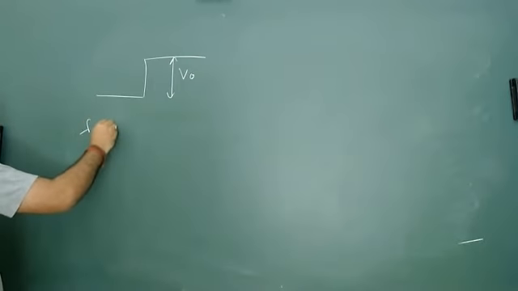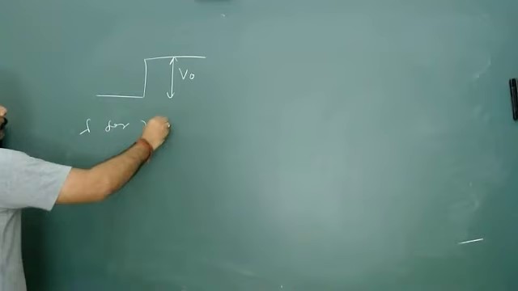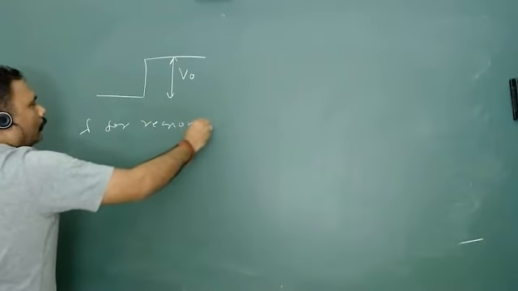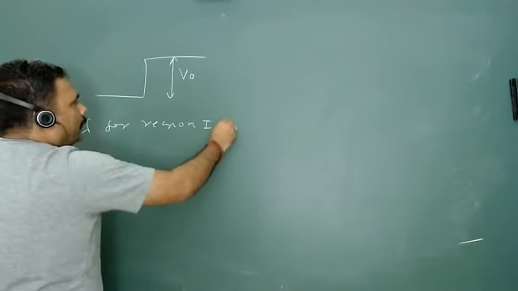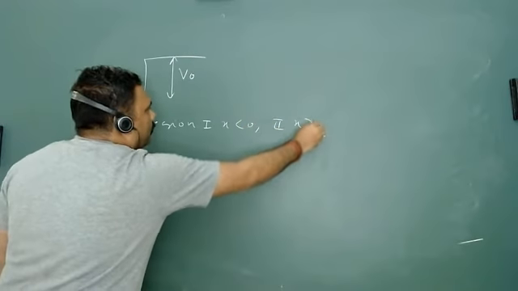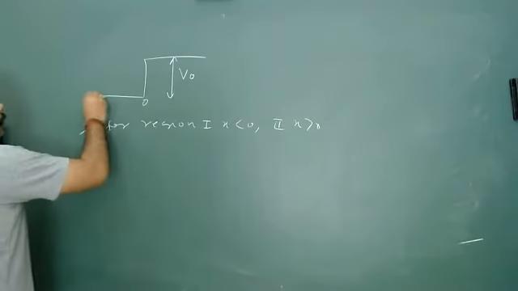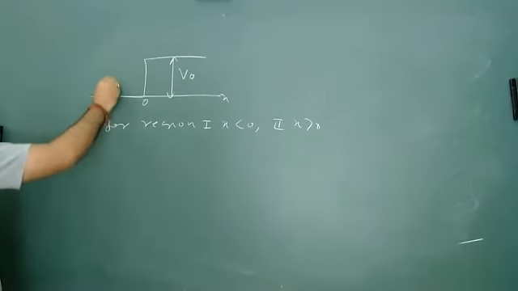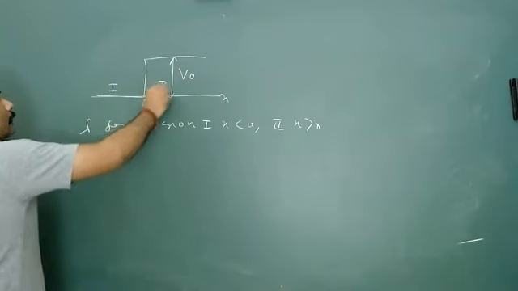For lambda, region 1 is x less than 0, and region 2 is x greater than 0. Let this be 0 and this be x. So this one is region 1, this one is region 2.